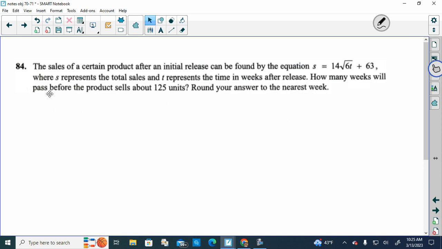How many weeks will pass before the product sells about 125 units? So the 125 is going in for what variable? S. And then we're solving for the one that's remaining. So I have 125 equals 14 rad 6T plus 63.